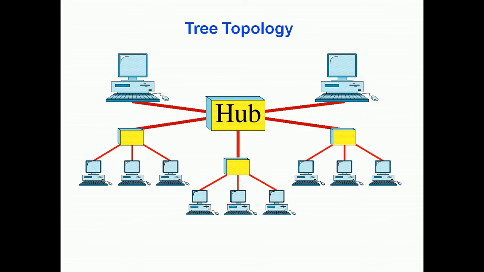Here one large hub is shown in the figure and 3 small hubs are shown. The large hub is primary and the secondary hubs are these 3 other yellow hubs, and after that many computers are connected. So this is tree topology, and the cable TV network is the example of tree topology.